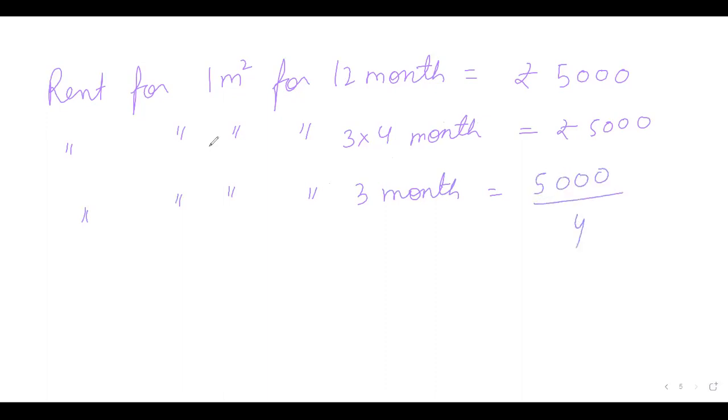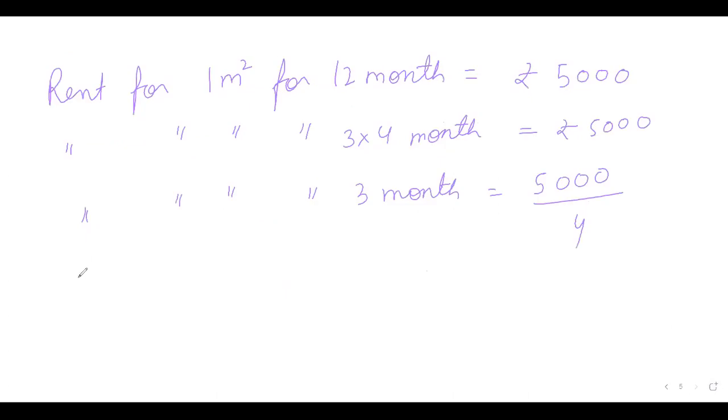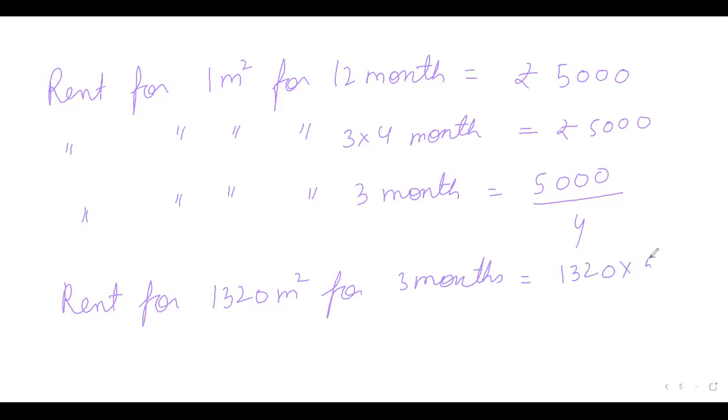This is the case for 1 meter square, but we have how many meter square? 1320 meter square. So rent for 1320 meter square for 3 months is equal to 1320 into 5,000 upon 4. If you cut it by 4, 4 threes are 12, 4 threes are 12, 0.